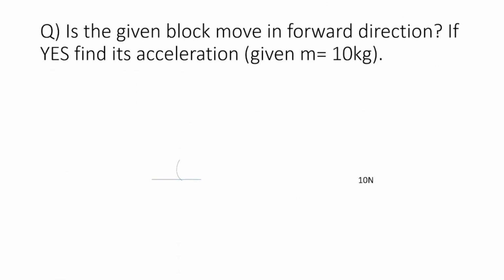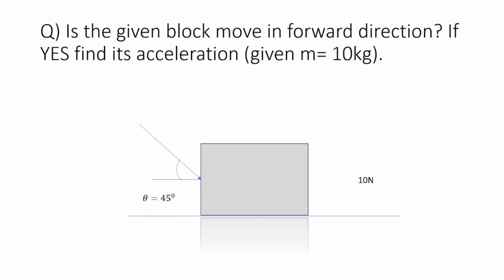Now here a question is given. In this question, does the given block move in the forward direction? If yes, find its acceleration. The mass of the block is given, which is equal to 10 kg. So this is our question.